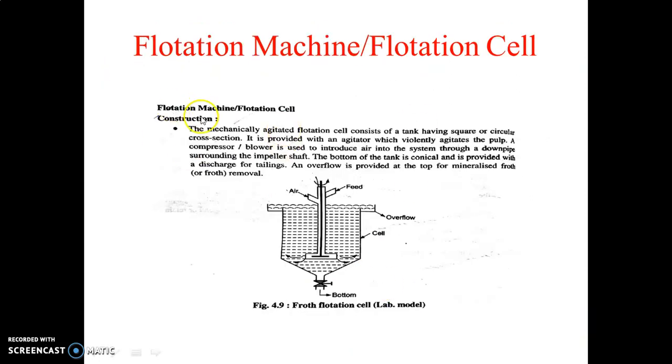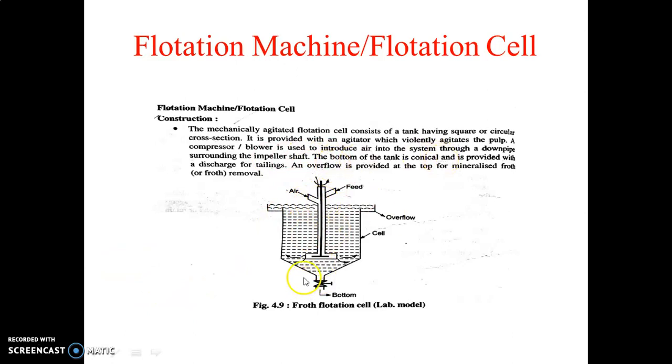So this is the actual flotation machine or flotation cell. It has a tank with a square or circular cross-sectional area, and it has a tapered bottom. It is provided with an agitator. This is called the agitator, and air is introduced through this agitator by this pipe.